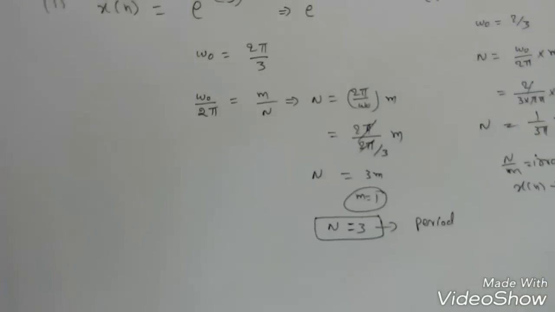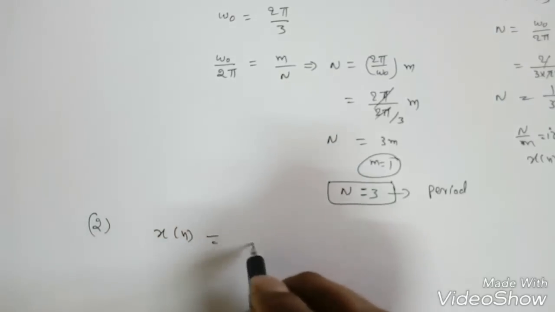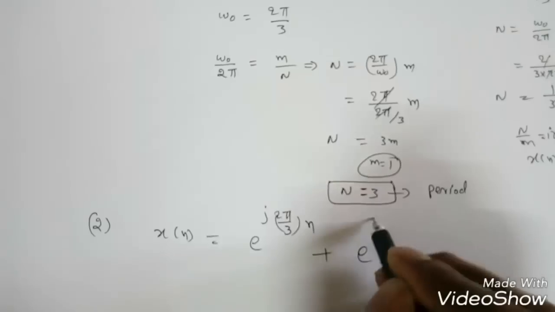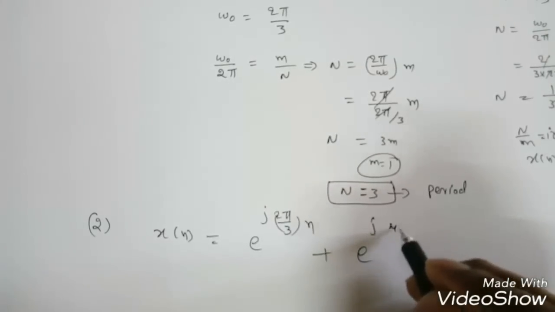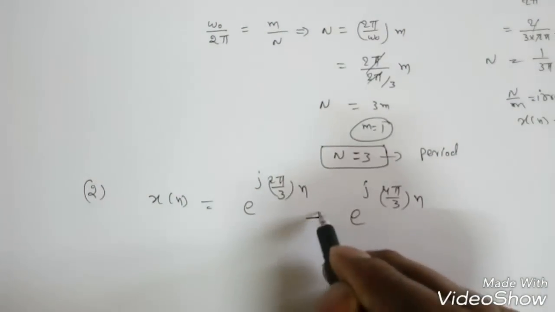Now what happens when two signals are there? Suppose x of n is equal to e power j 2 pi by 3 of n plus e power j 4 pi by 3 of n. These two sequences are in addition.